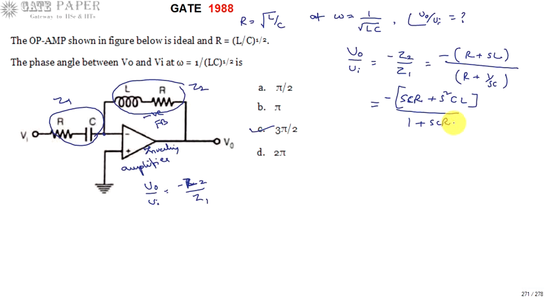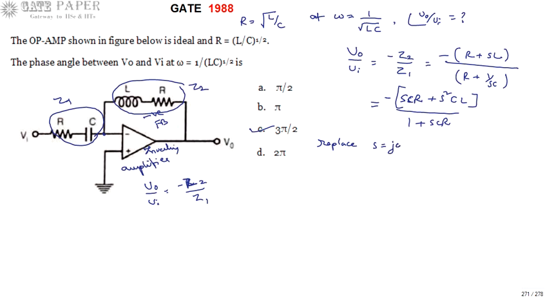This is what you get. Simply taking 1 by SC common from the denominator, that SC goes into the numerator. So SC multiplies with R as well as SL, and you get SCR plus S square LC divided by 1 plus SCR.